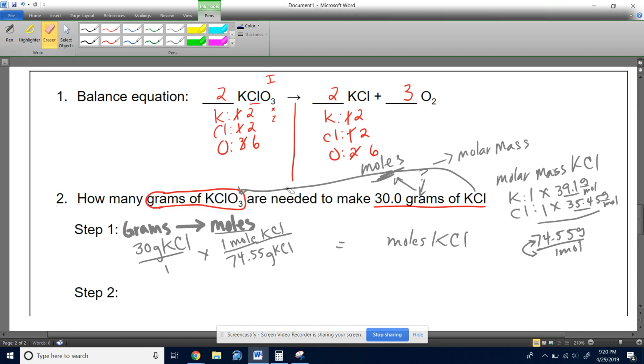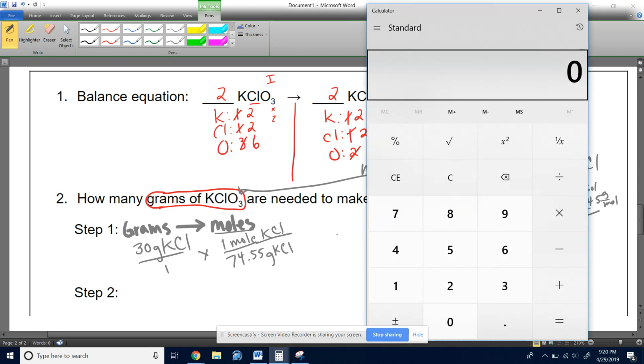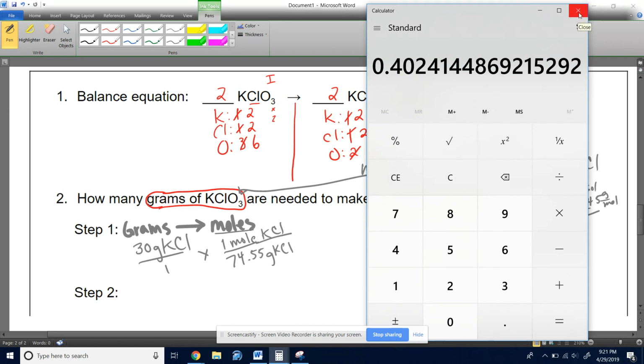All right. So then the next thing that we should be doing is typing this in our calculators. Okay, so we got 30 divided by 74.55. That gives us 0.402 moles.